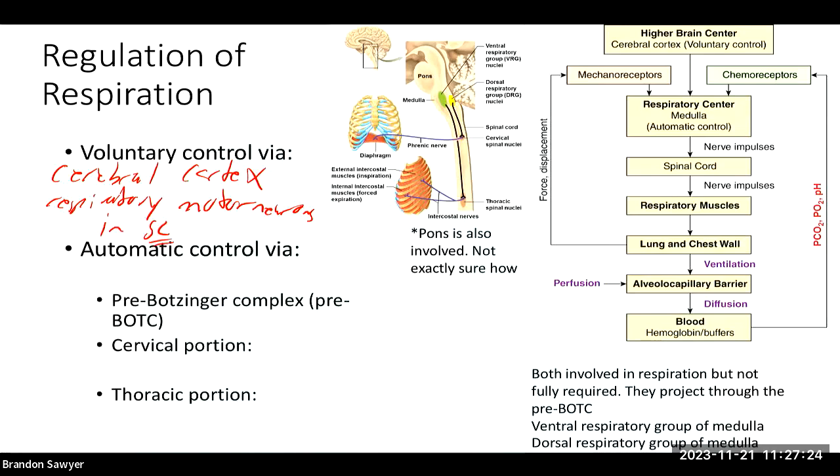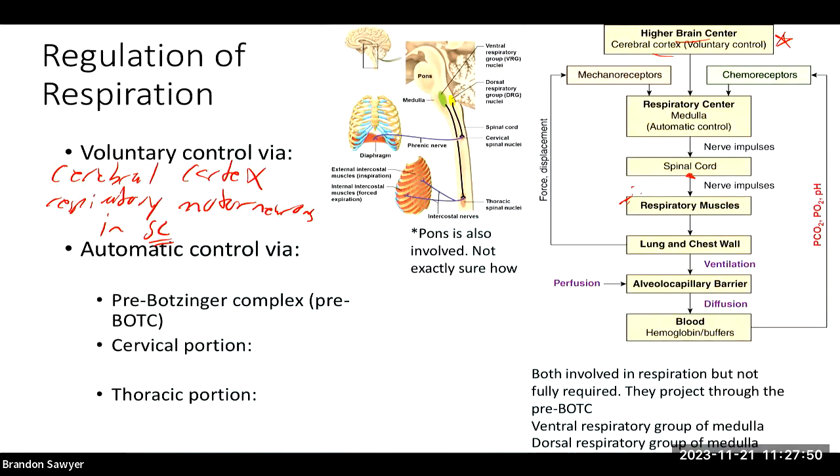SC for spinal cord there. And that's pretty much what we're seeing here, right? So higher brain control center, cerebral cortex is the voluntary part, right? Going to make their way through the medulla, but then eventually down to the spinal cord, down to those respiratory muscles. Okay, and then we have automatic control via a few different places here.